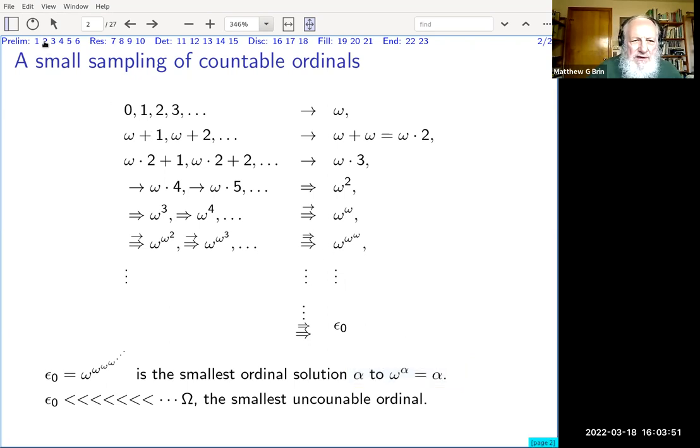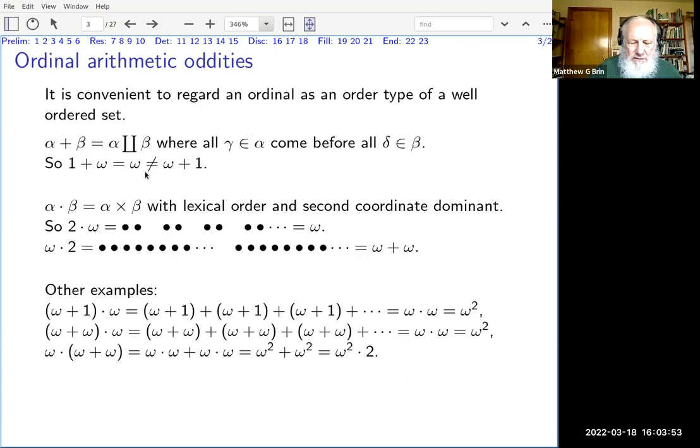The other aspect that this family of subgroups reflects is not only the order type, but also some of the arithmetic. And this slide is just to review some of the oddities of the arithmetic of the ordinals. One way to define addition is to simply concatenate ordinals.